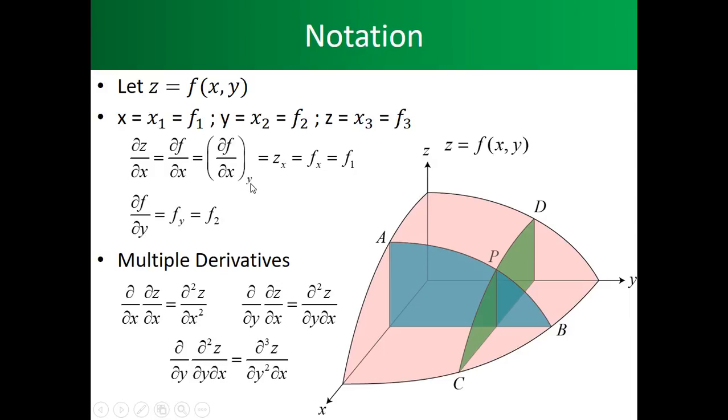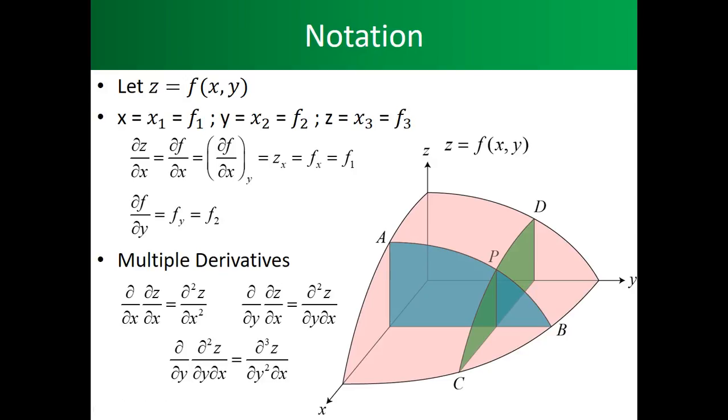Where y is remaining what? Constant. We talked about that earlier. Okay, that's one way to denote it. We can also denote it by taking z, with the x at the bottom, that we're taking a partial of z in respect to x. Or we're taking this function, which is still z, and we're taking it in respect to x.